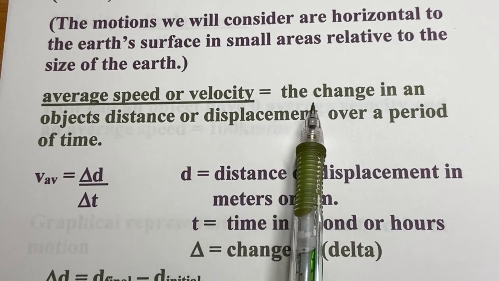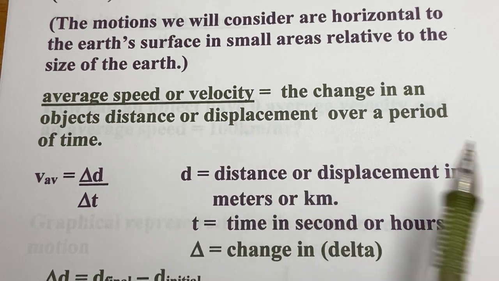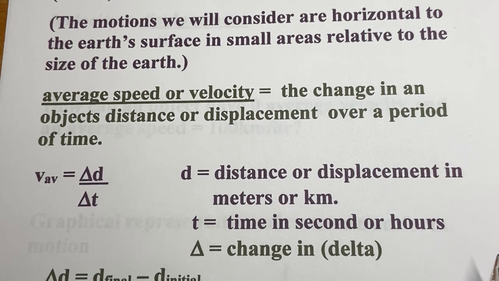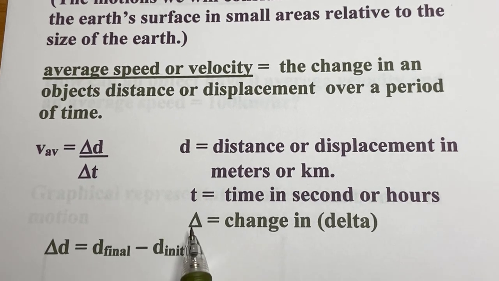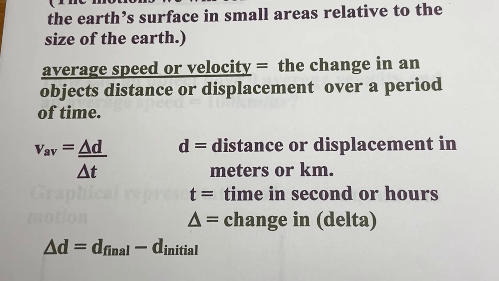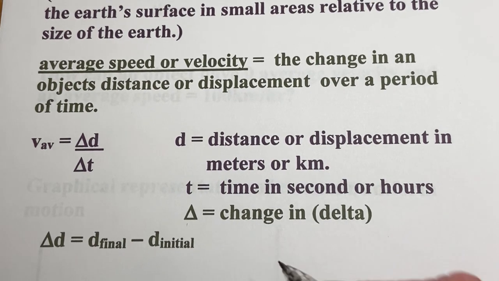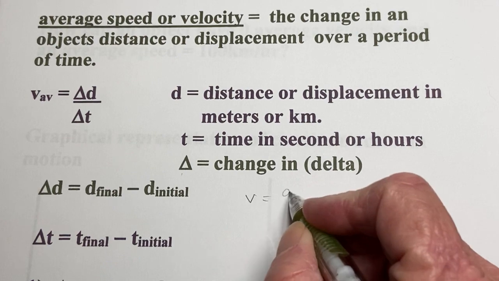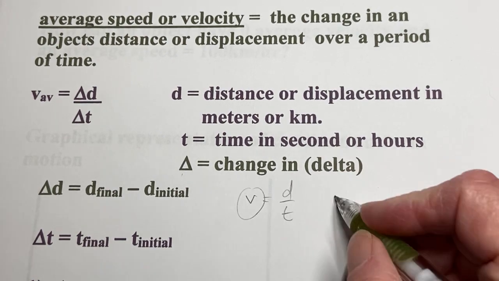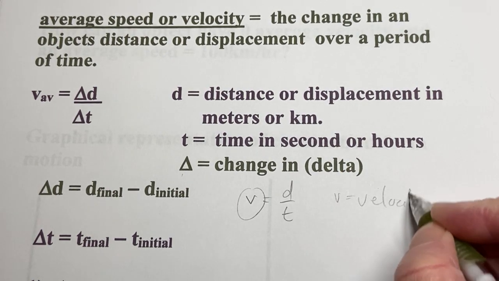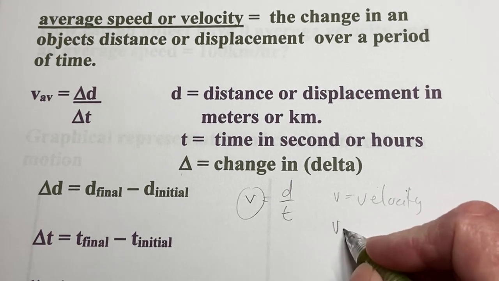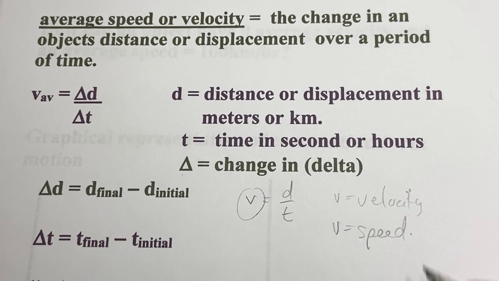So there's still, again, the change in distance or displacement over a period of time. So if you haven't already seen the Greek letter delta, delta means a change in and officially a subtraction. Eventually we'll get a little careless and leave out the delta and simply write it as v equals d over t, knowing that v is velocity and v is also going to stand for speed.